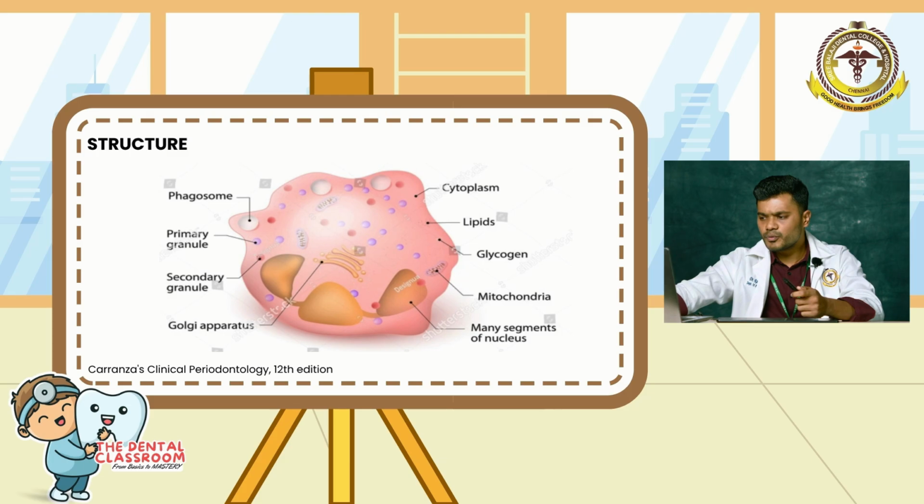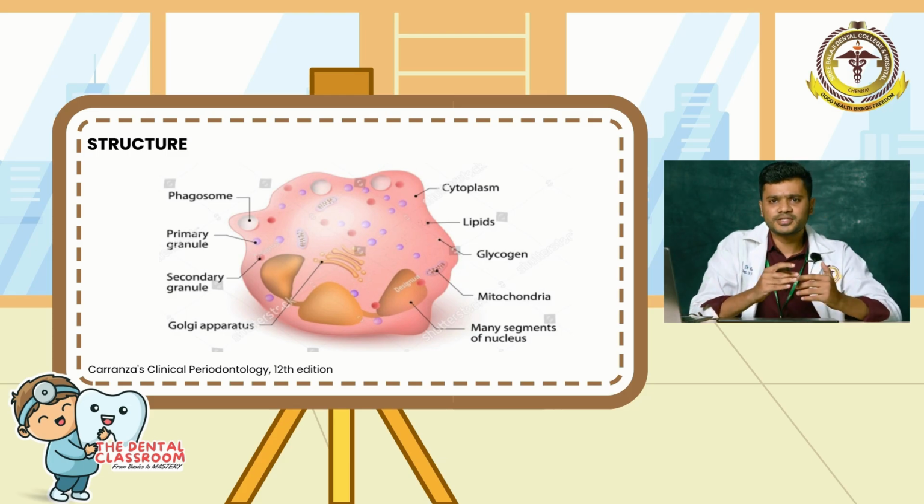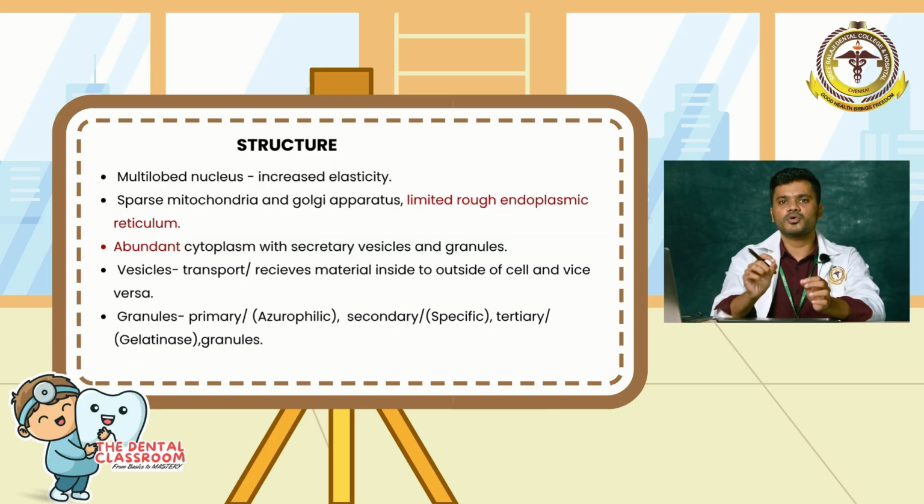So next we'll move into structures of neutrophils. It's very important to know the structures of neutrophils, because the main structure of a neutrophil is that it has a multi-lobe nucleus. That is how the name polymorphonuclear neutrophils came, where polymorphonucleus means it has a multi-lobe nucleus.